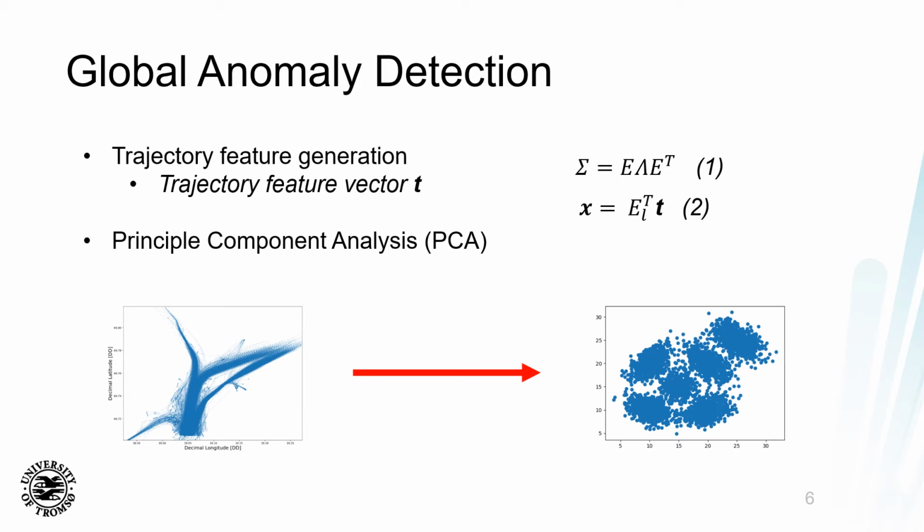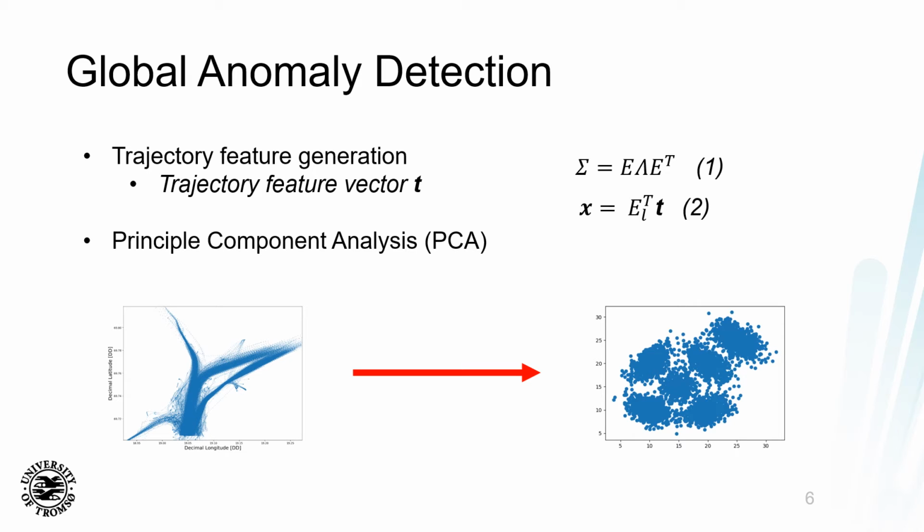So the first step is to identify global anomalies, and this is facilitated via a spectral anomaly detection approach. So here what we try to do is to reduce the dimensionality of the data set so that we can then more easily identify potential outliers or anomalies. So what we first do is utilize principal component analysis, where in essence you find the eigenvectors of the covariance matrix of the data, and you utilize this to then project the trajectories onto a subspace spanned by the L largest eigenvectors.